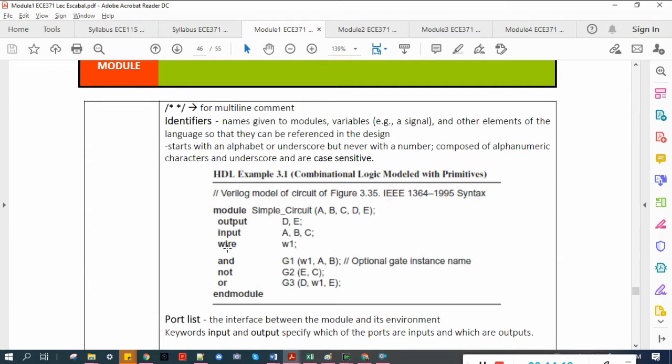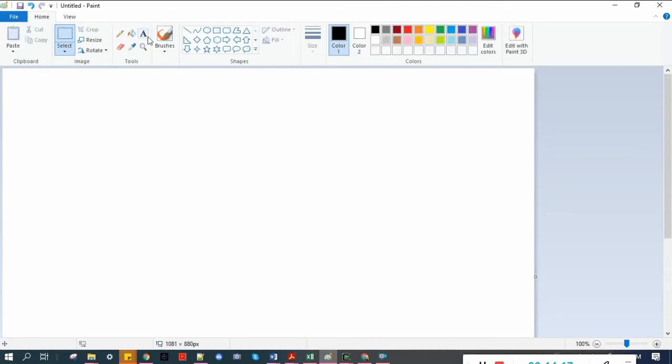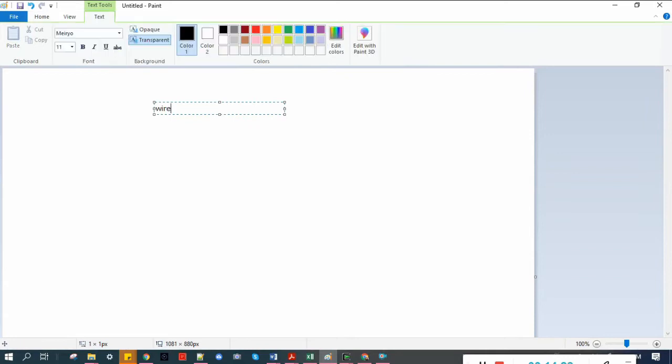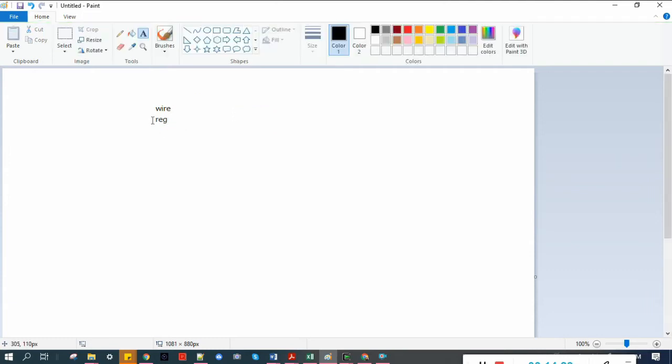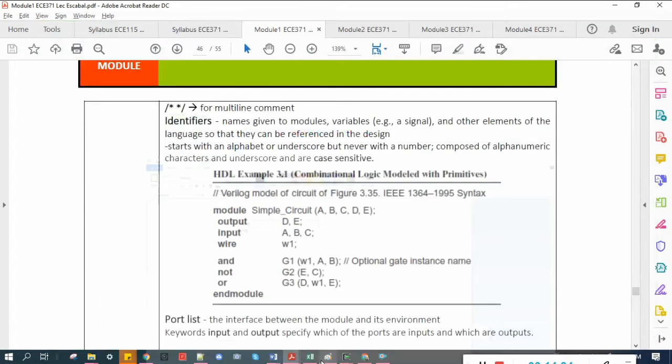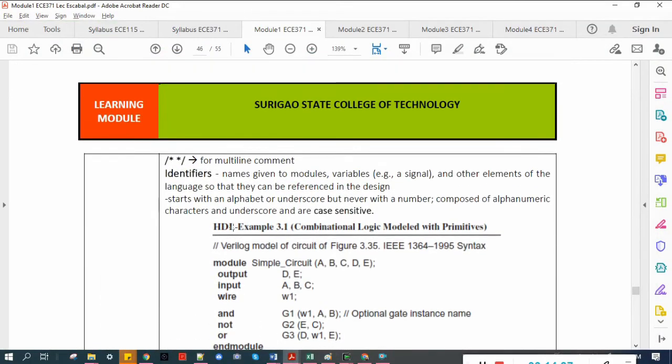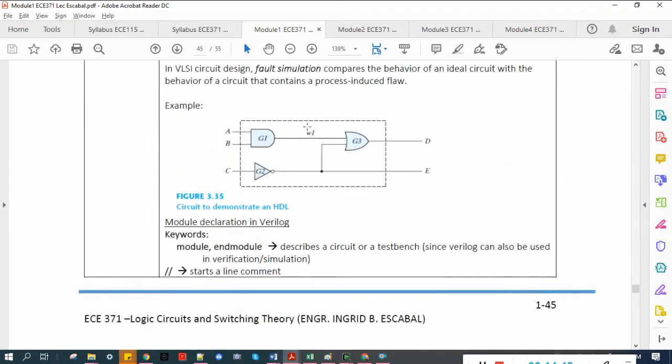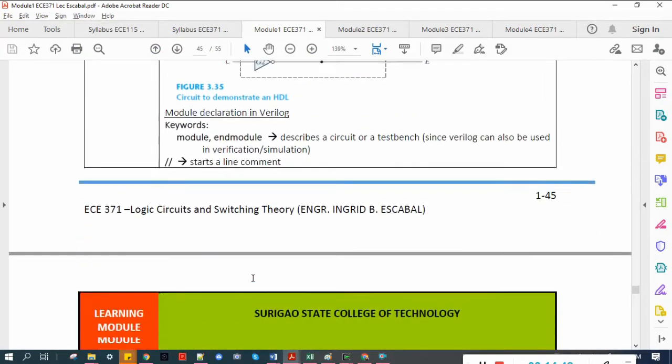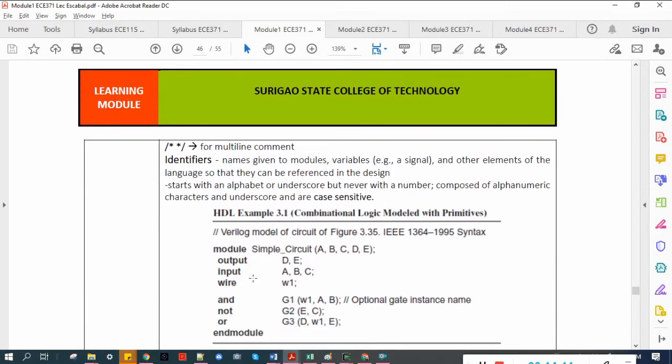There are two common types in Verilog. We have the wire and then the register, which is reg. The keyword for register is reg. Since we are implementing a simple wire, just like what is shown in the figure, we declare it as wire W1.